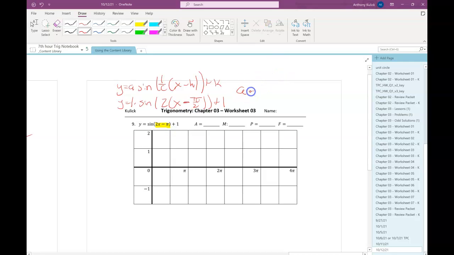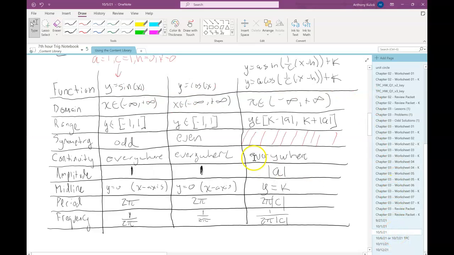So here my A is 1, my C is 1/2, my H is pi over 2, and my K is 1. Now if I look at my table for my transformation, my amplitude is the absolute value of A, my midline is y equals K, my period is 2 pi times the absolute value of C, and my frequency is the reciprocal of that.